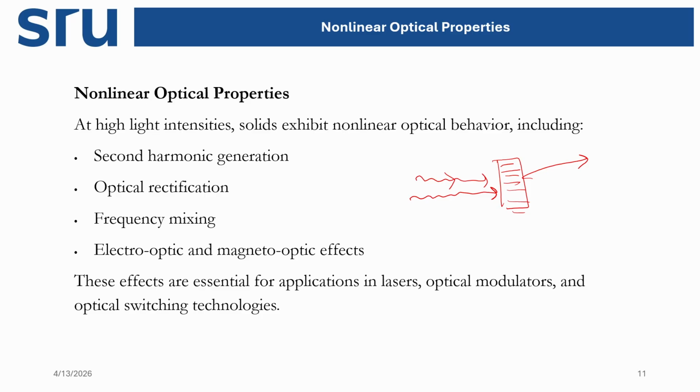It means I am increasing the energy of the source light which is interacting with the material, and when I change the incident light energy, the material's property changes proportionally. That process is called linear optical properties.